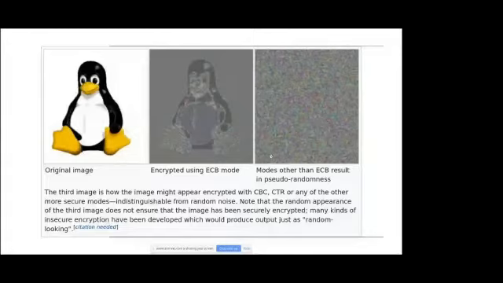So if you see here, we have an original image, and we have an encrypted image with a certain encryption and encoding mode, which could result in not really making a random image, but rather could reveal patterns of encryption. While it's not absolute, you could still see the patterns which are visible. So it is essential that we choose the right cryptography.